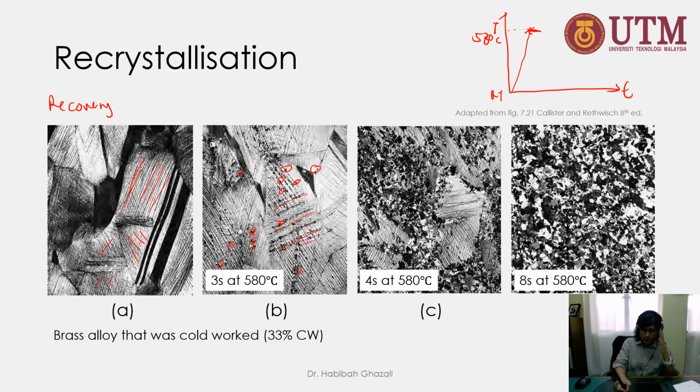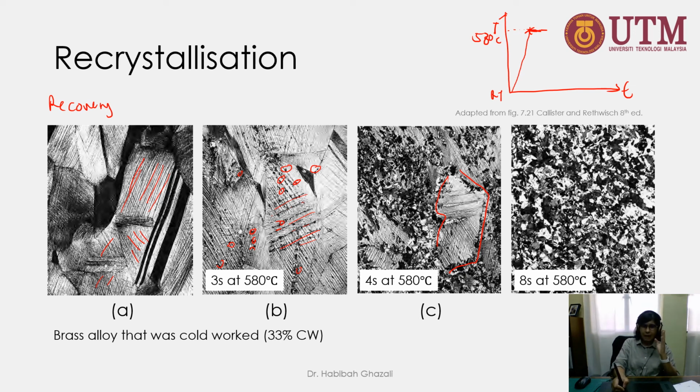If we stay at that temperature for 4 seconds, another 1 second, you can see that a lot of these nuclei start to grow bigger and bigger, but we can still see the remnant of the original grain after cold working. So the new grains have not consumed the whole parent material at this point.